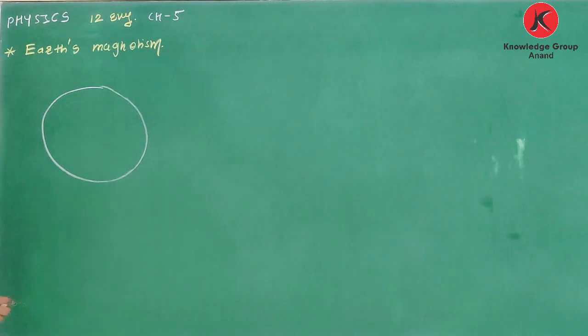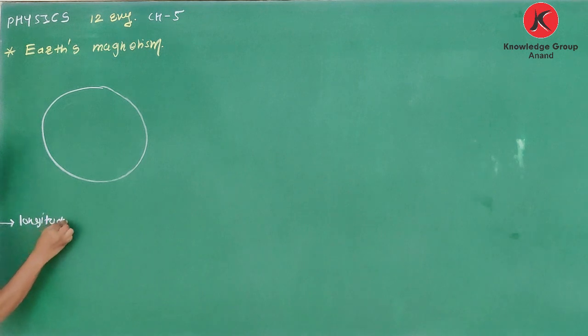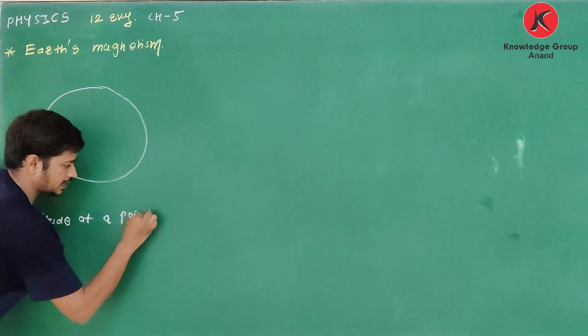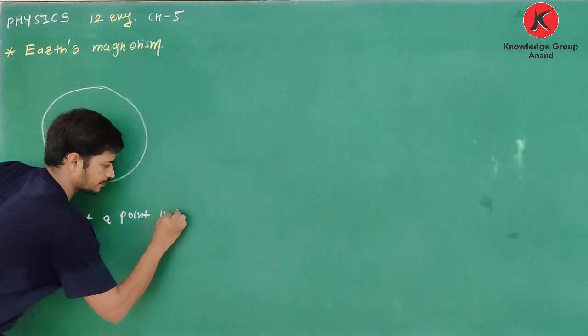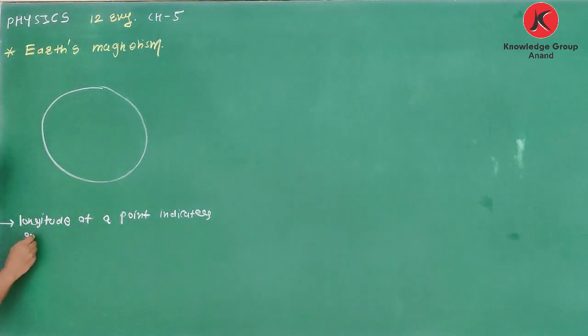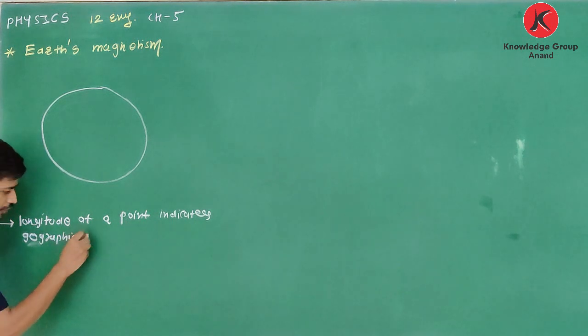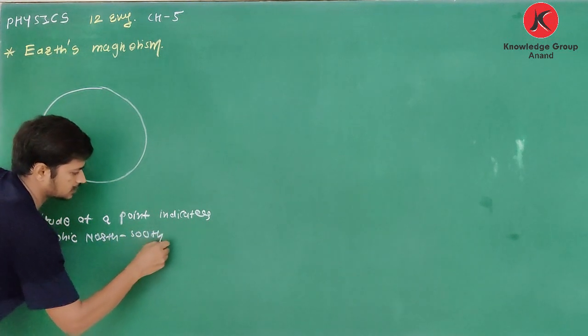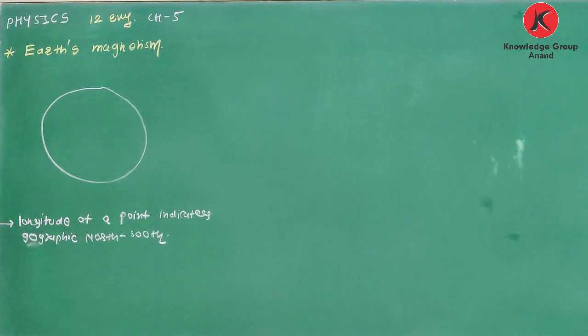The longitude circle at a point indicates geographic north and south at that point.